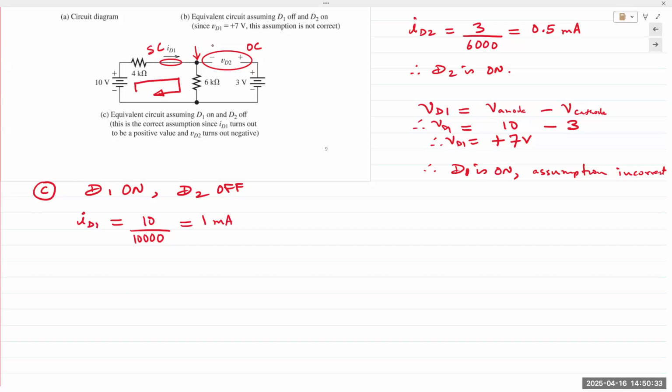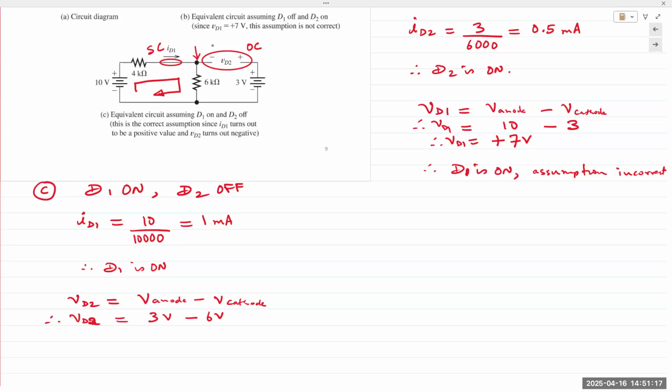It's positive. Therefore, D1 is on. Okay, D1 is on. VD2, in a similar manner, VD2 is the anode voltage minus the cathode voltage. And in this case, the anode voltage is 3 volts and the cathode voltage would be 6 volts.